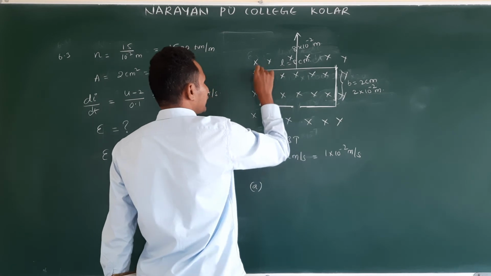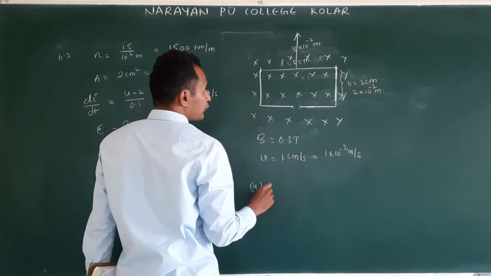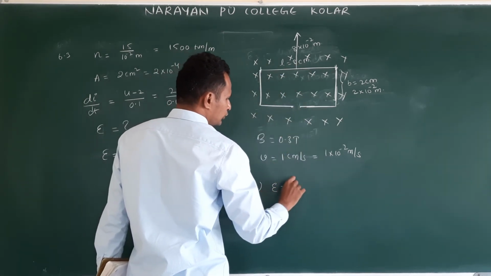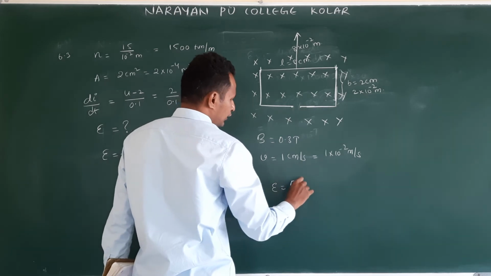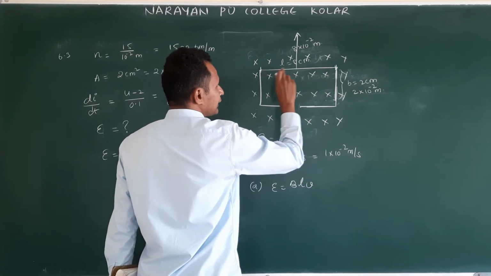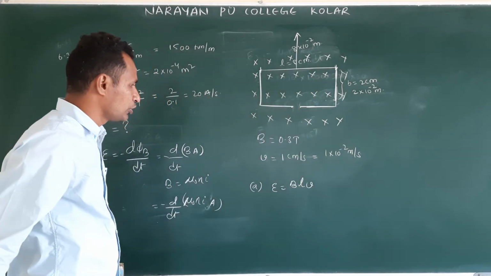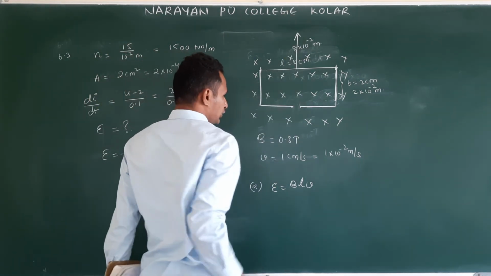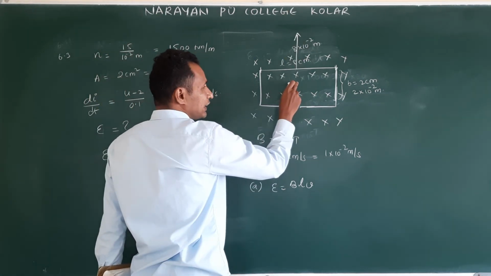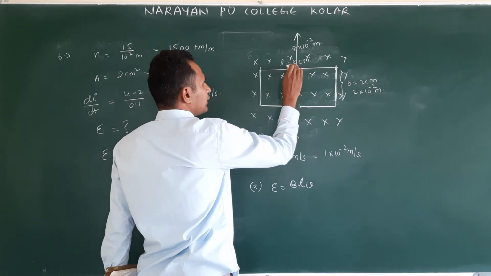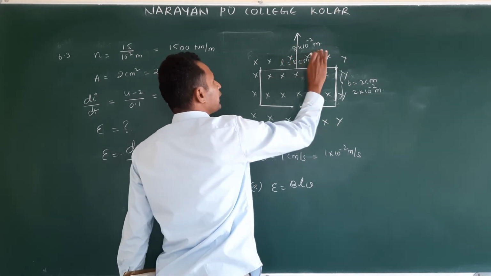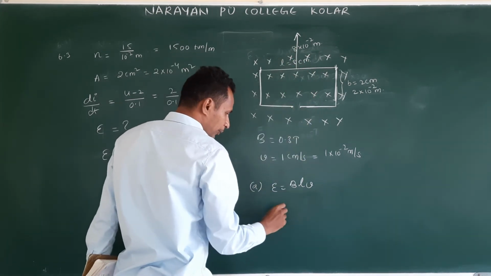These are parallel combinations. So in the first case the EMF is given by the general formula BLV, with the length here. Initially it was in the field, but as soon as it moves it goes out of the region. This formula we are applying.